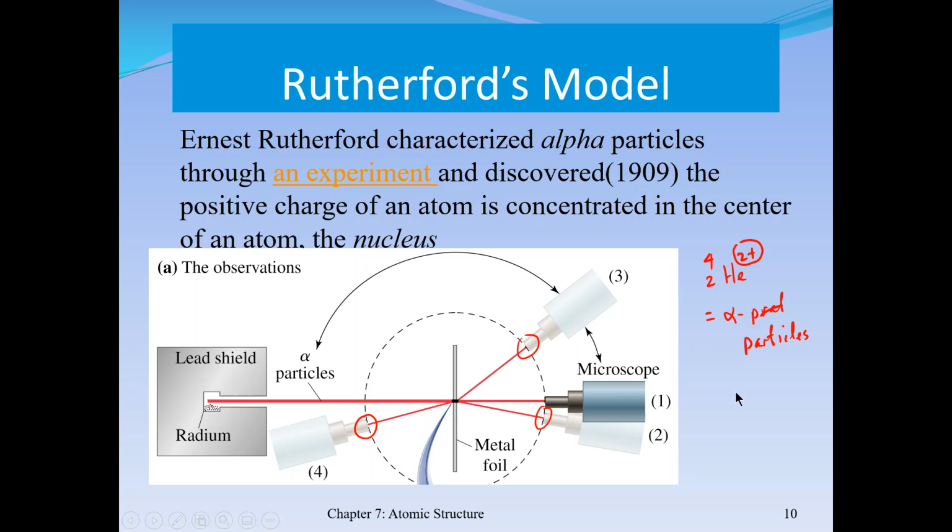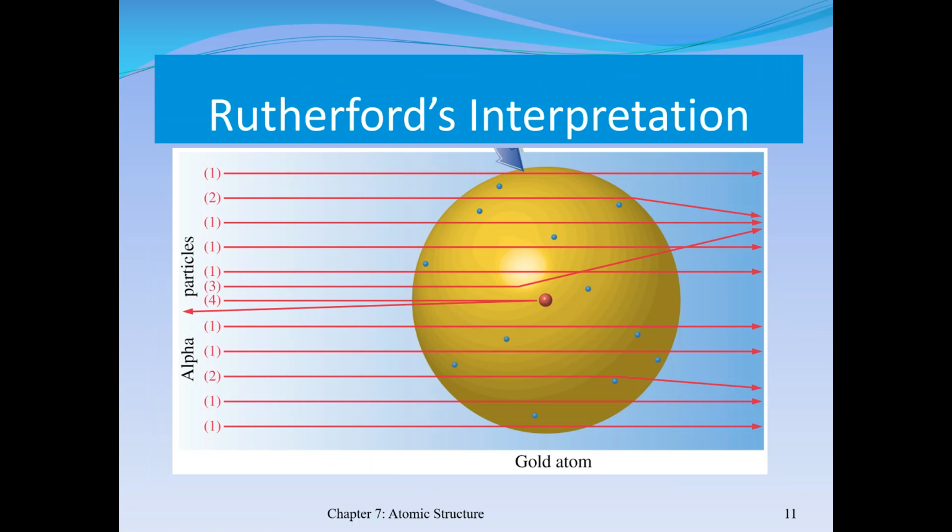So what this particular setup indicates is that the positive part of the atom is actually concentrated in a very small volume at the center of the atom, and that is called the nucleus.